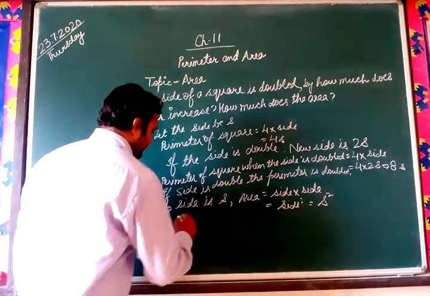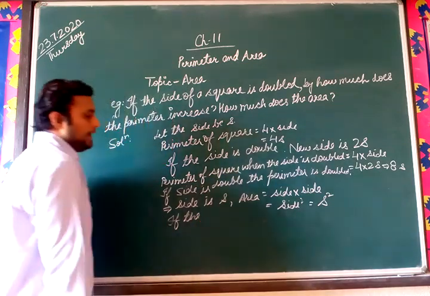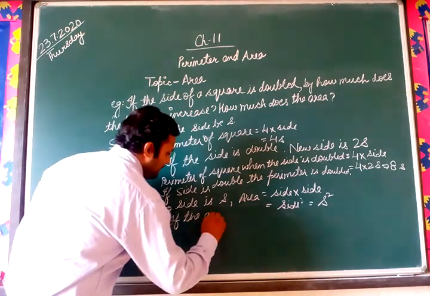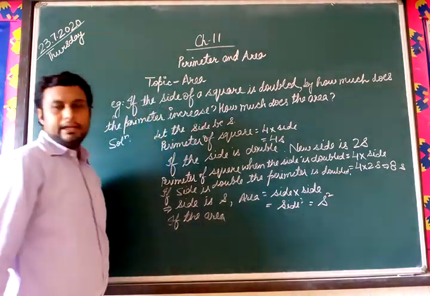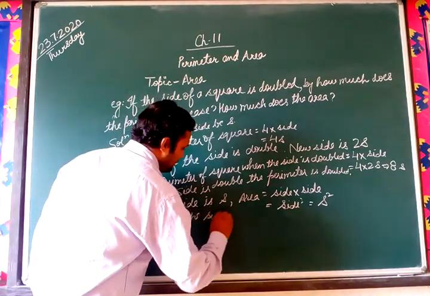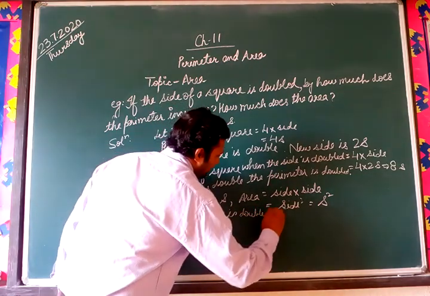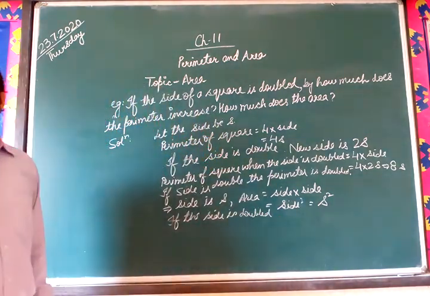If the side is doubled, what will happen?